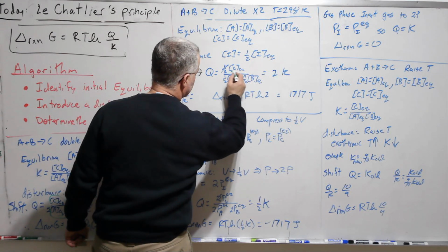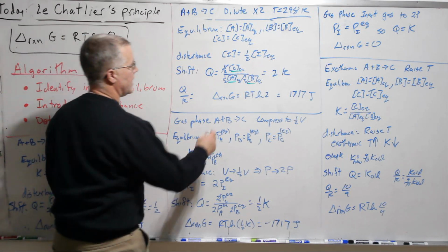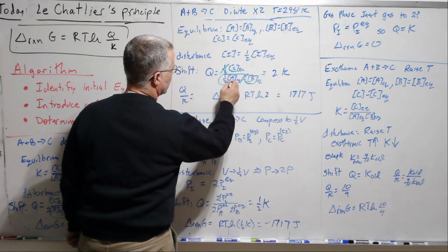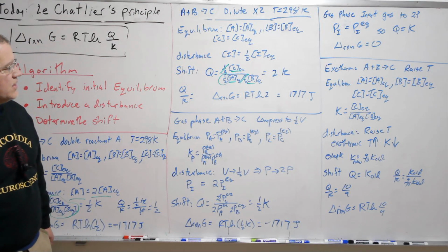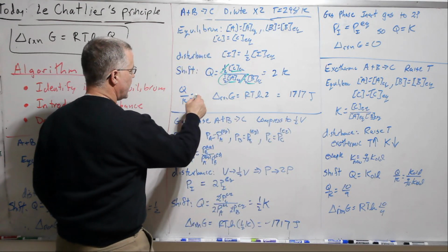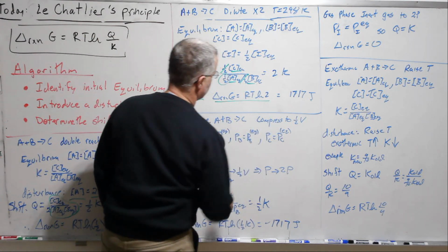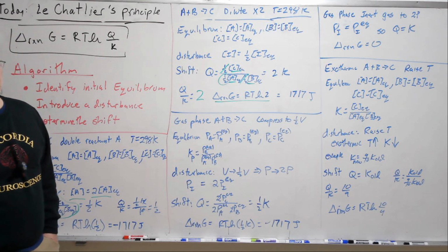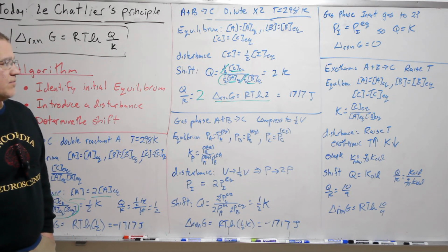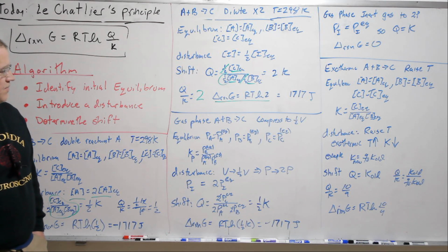And then we can pick out here the K. Two of the halves cancel, but we have an extra half here in the bottom, and so that's going to leave 2K. So Q over K is going to equal 2, and so we have delta G is RT ln 2, which is a positive number. Happens to be 1717 again, but positive.